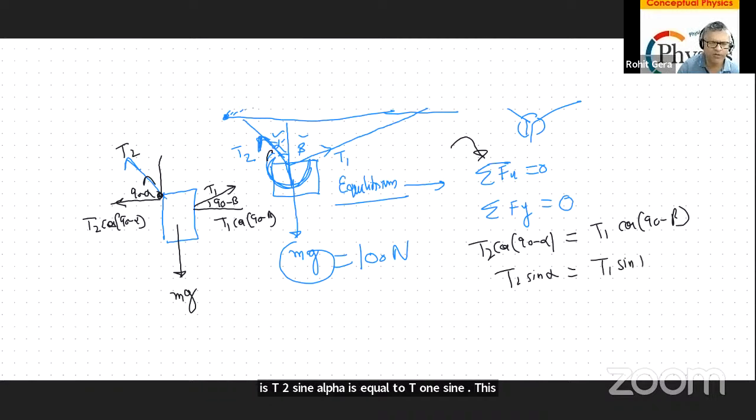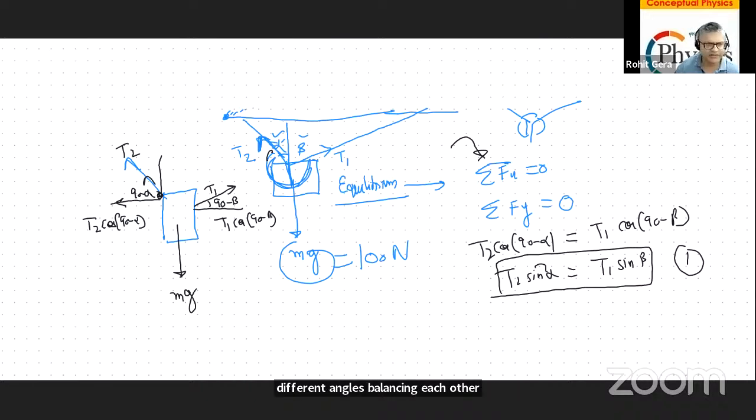This is equation number 1. We are given alpha and beta in the question, but that is a different thing. So x-axis equilibrium is taken care of: the horizontal components of the respective tensions, making different angles, balance each other.